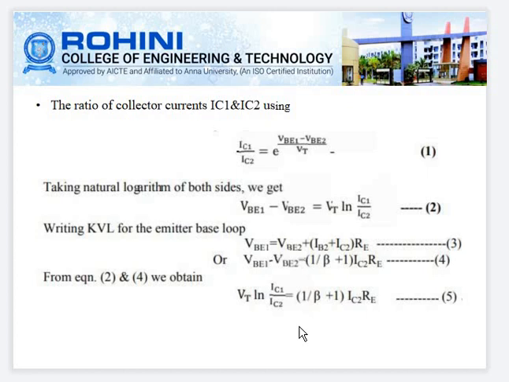Writing Kirchhoff's voltage law for the emitter base loop, base emitter voltage VBE1 equal to VBE2 plus (IB2 plus IC2) into RE, or VBE1 minus VBE2 is equal to (1 by (beta plus 1)) into IC2 into RE. So VT ln of IC1 by IC2 equal to (1 by (1 plus beta)) into IC2 RE.